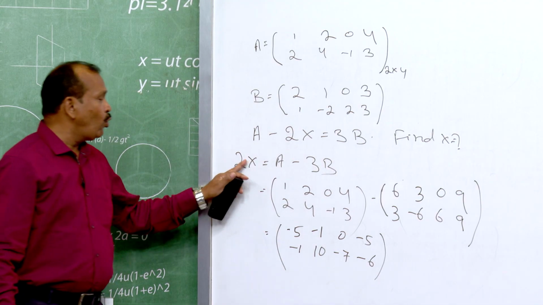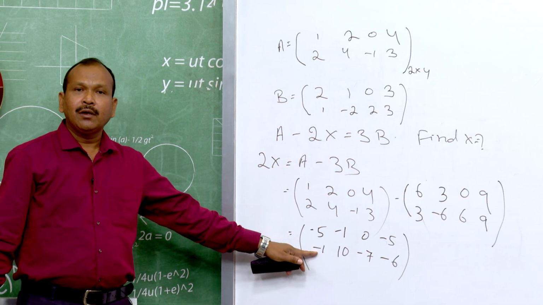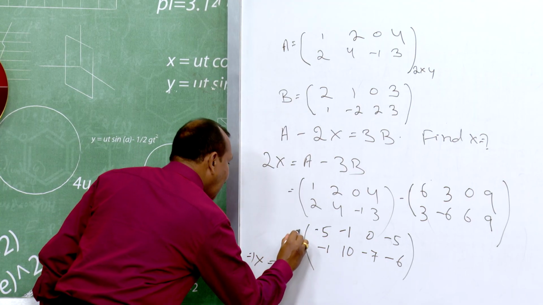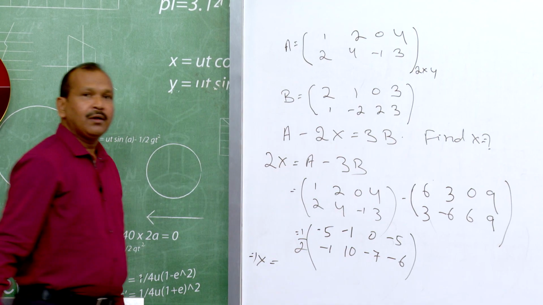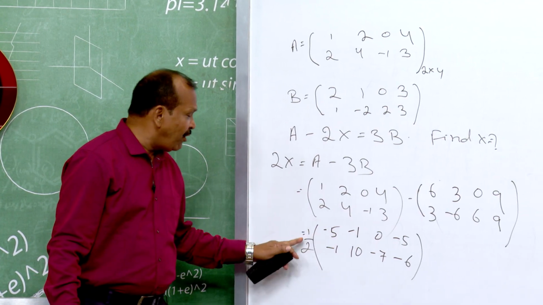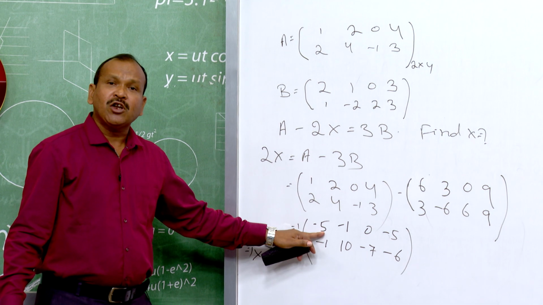Then we have 2X equal to this one. This implies that X is half times this one. Now half is a scalar and this is a matrix, so half is multiplied in each term of the matrix.